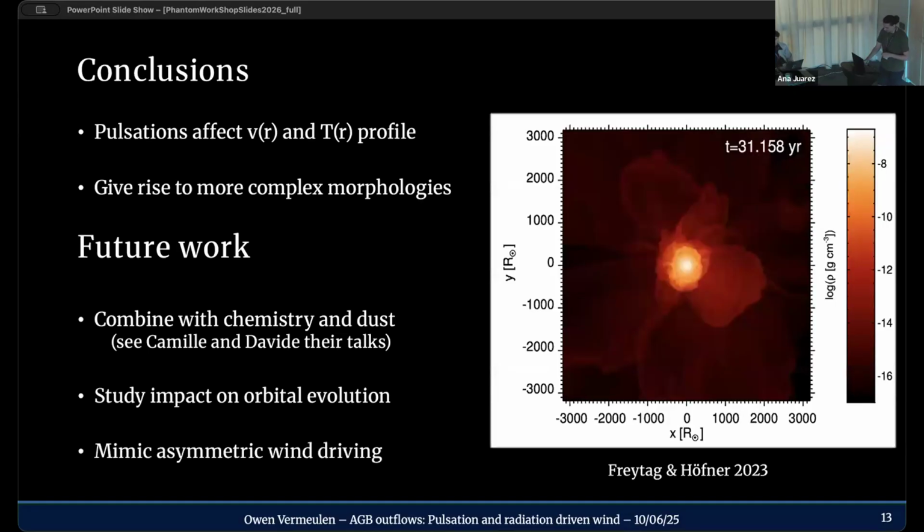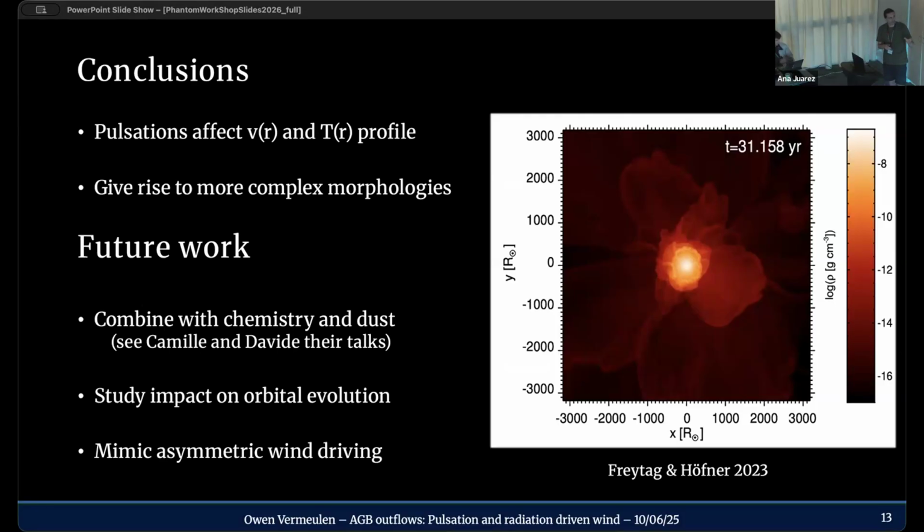The last thing that I want to look into and implement is mimicking this asymmetric wind driving that we actually observe in very detailed single star simulations. So here I show one example of a single star simulation from Freytag and Owen, where you really see these very asymmetric blobs forming in the outflow, which is quite far from what I get with these very spherical shells.